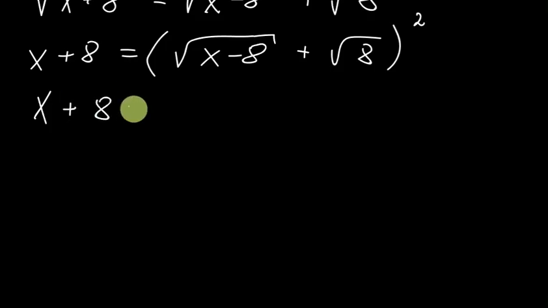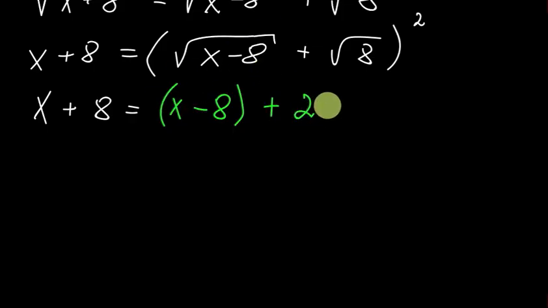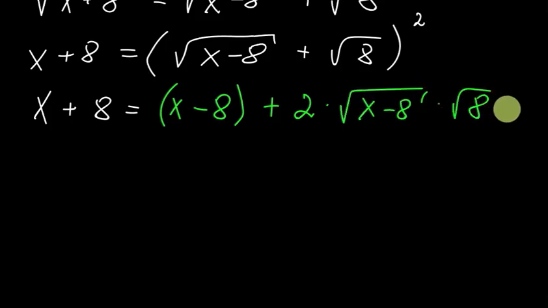x plus 8 is equal to (x minus 8), I'll use parentheses so it will be more clear, plus 2 times (x minus 8) times the square root of 8, plus 8. This is what we get. Okay, so we could subtract 8 from both sides, and this 8 will cancel.